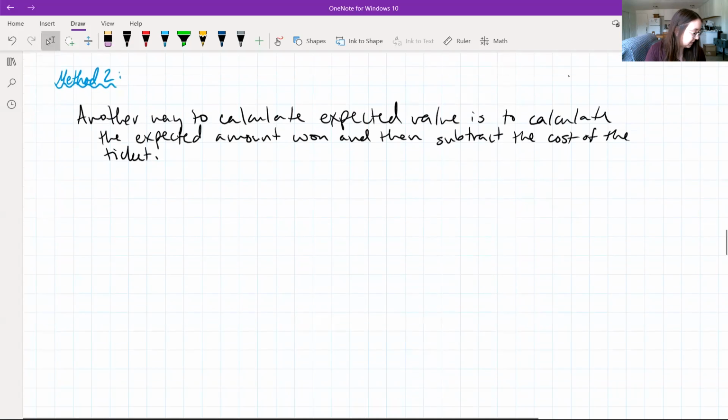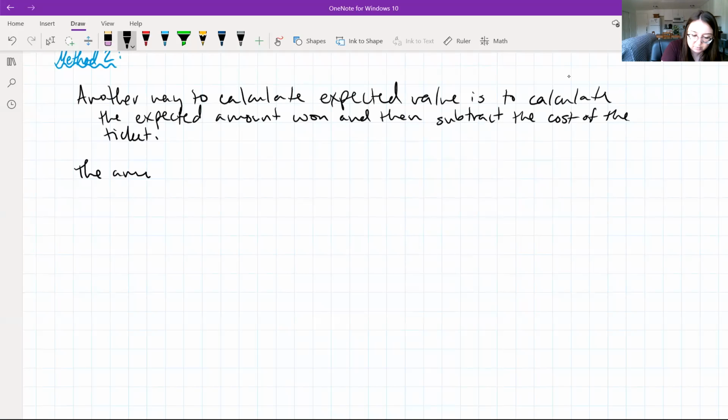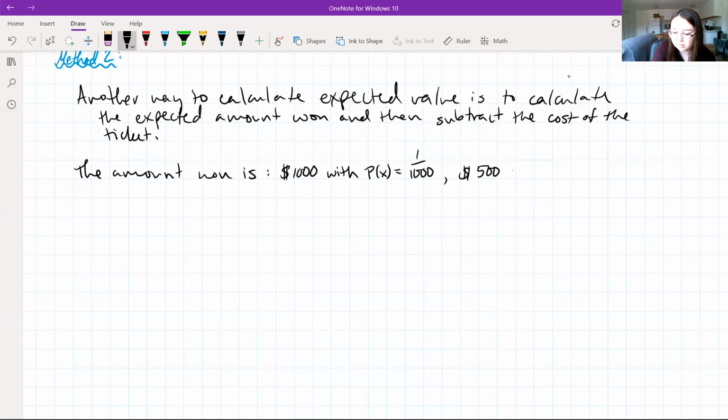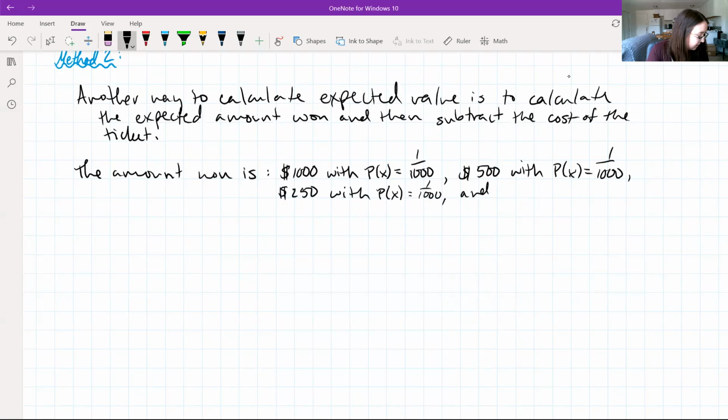So how we do this is saying that we know that the amount won is $1,000 with P of X equal to 1 over 1,000, $500 with P of X equal 1 divided by 1,000, $250 with probability of X equaling to 1 over 1,000, and $0.